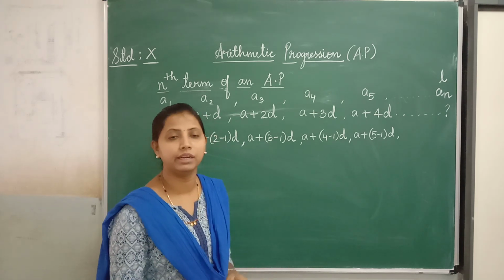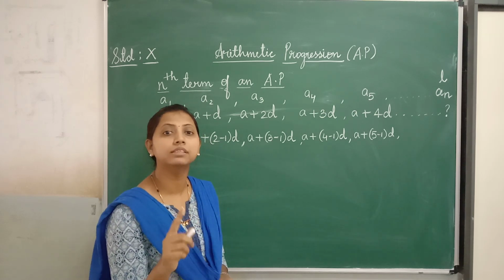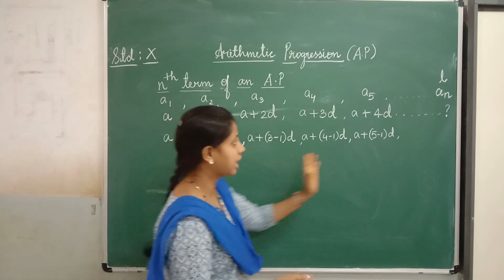The 20th term can be found by 1 less than 20, that is 19. A plus 19D.